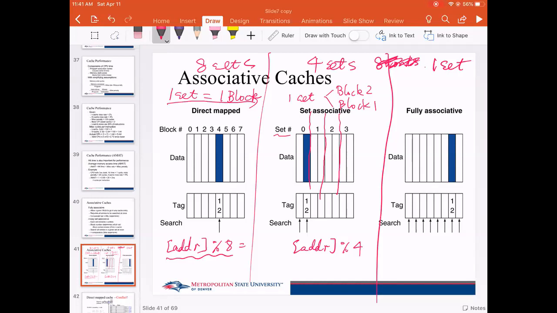For the direct map cache, you have 8 drawers. If you see an animal book, you put it in the first drawer. If you see a science book, you put it in the second drawer. If you see a math book, you put it in the third drawer. So you always follow that kind of principle, but there are many math books, many science books, many animal books.